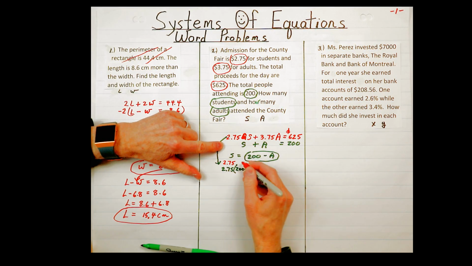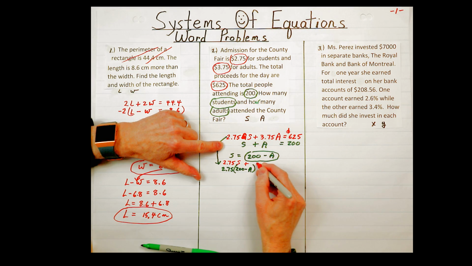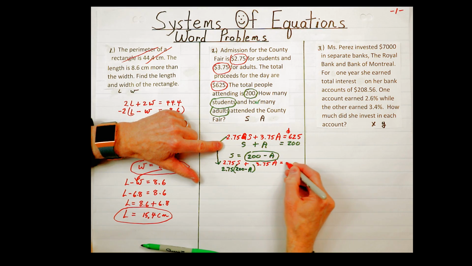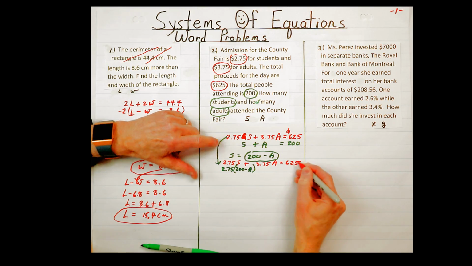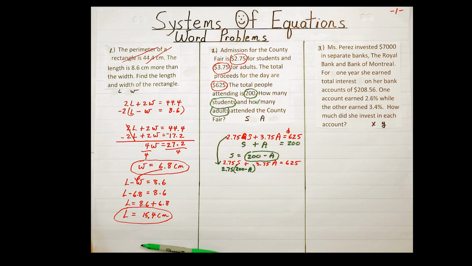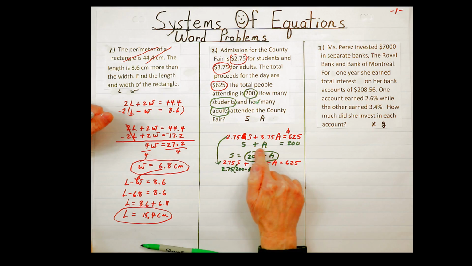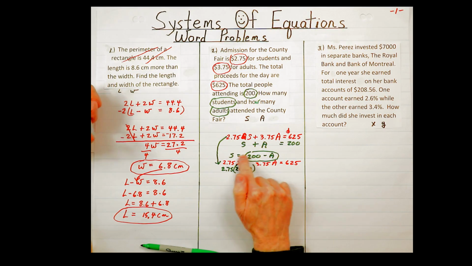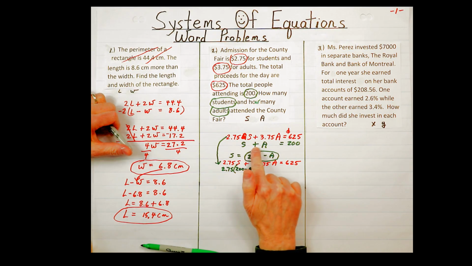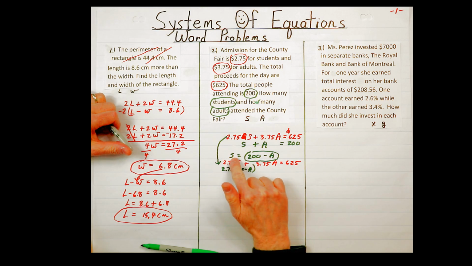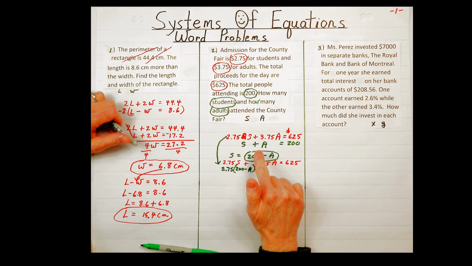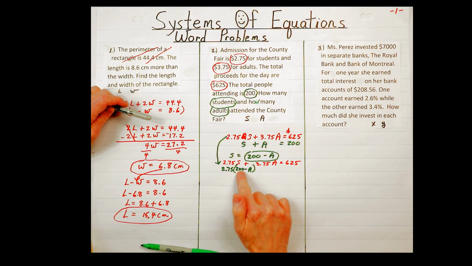I skipped a step, and I don't like doing that. All right. So do you see what I did? In this rather simple equation, S plus A equals 200, S equals 200 minus A, I'm replacing S with 200 minus A.